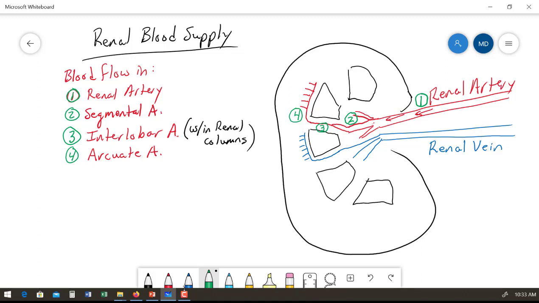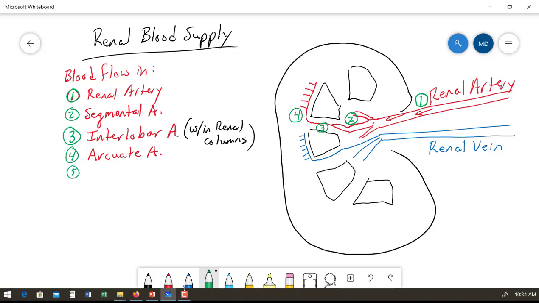So the arcuate arteries over here in green are flowing in this direction like this. They're not the little nubs coming up, okay? So it's the flat red line here. It basically goes right across the top of the renal pyramid. The way that I remember the name of these is arc. So the arcuate arteries arc across the top of the renal pyramids.